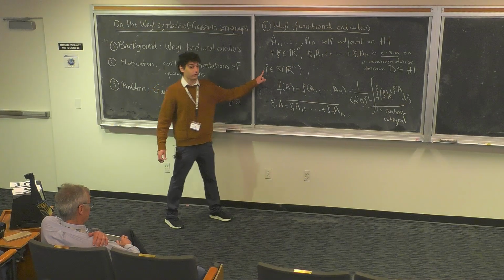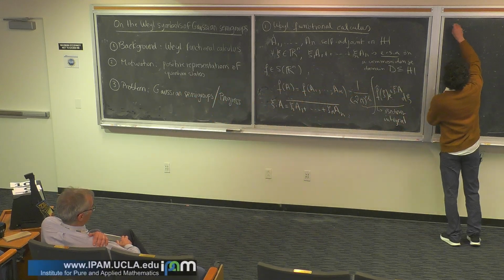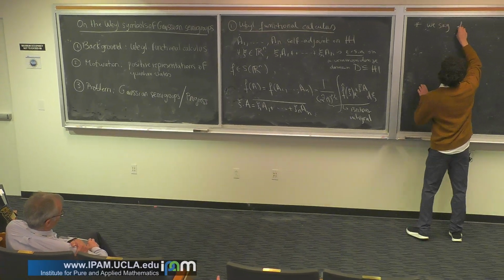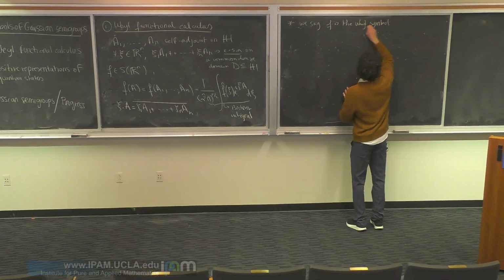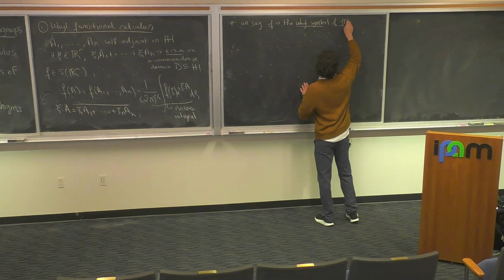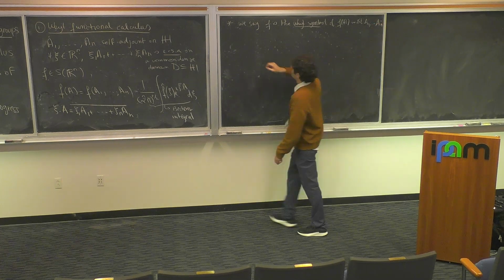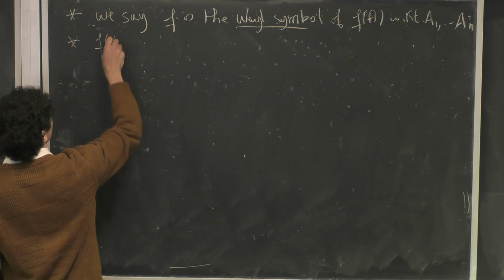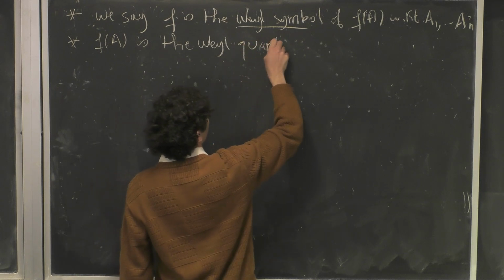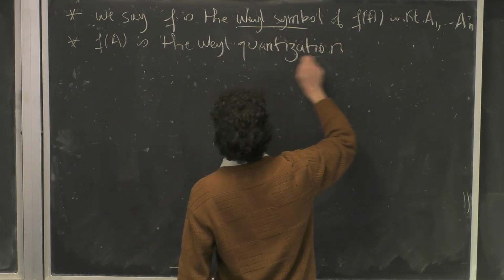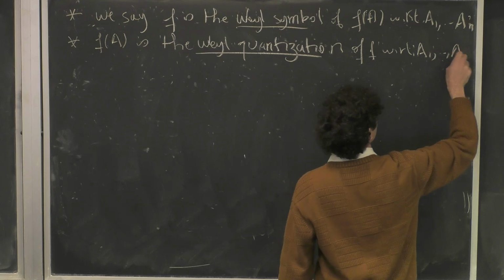So this gives you a map from Schwarz functions to operators, and we say that f is the Weyl symbol of f of a with respect to a1 to an, or equivalently, that f of a is the Weyl quantization of f with respect to a1 to an.